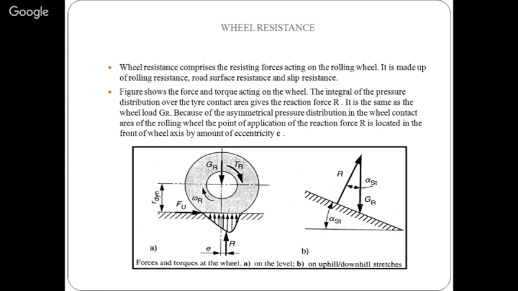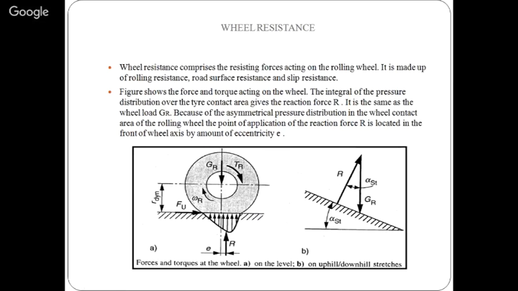So first of all, the wheel resistance. What is the wheel resistance? The wheel resistance comprises the resisting forces acting on the rolling wheel. It is made up of rolling resistance, road surface resistance, and slip resistance. As in the figure, there is a wheel.